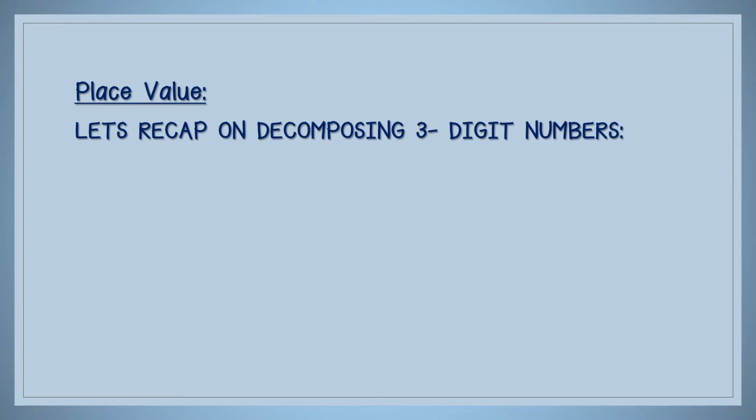Now we're going to move on to place value. Yesterday we did place value and we did the decompositioning of 3-digit numbers. So let's recap our breaking up of 3-digit numbers. So the first one is 545. So we need to break it up into what?